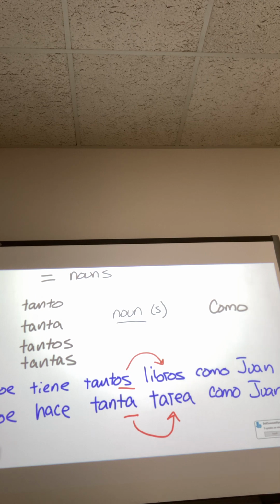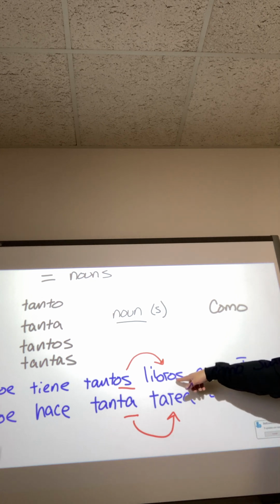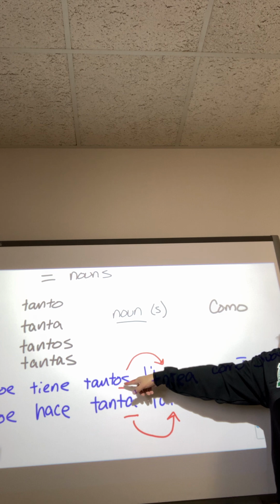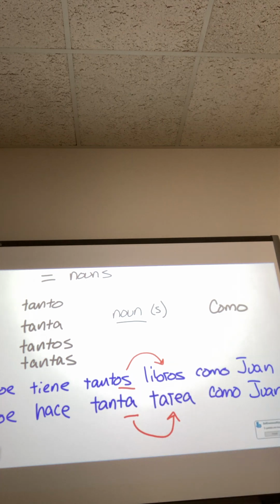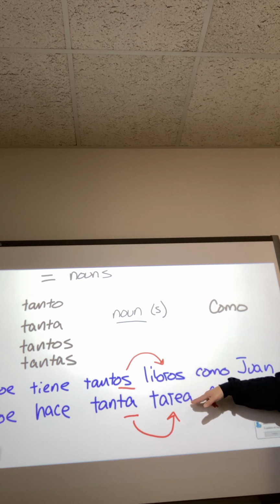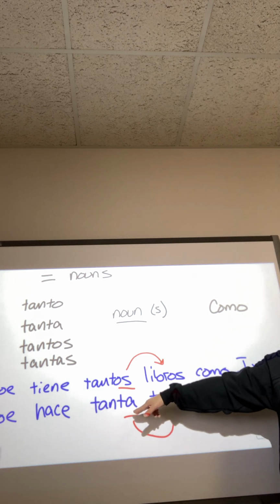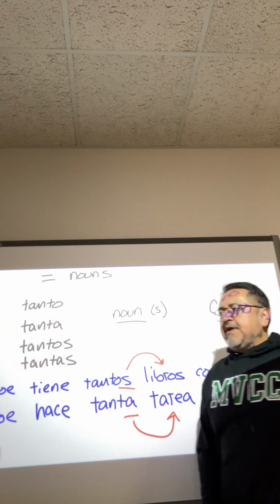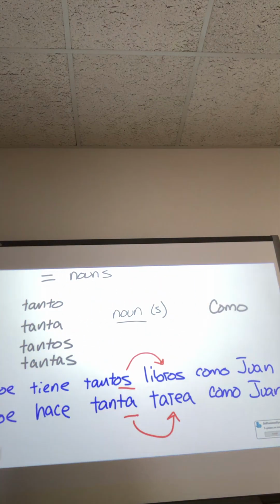Joe has just as many books as Juan. Because libros is masculine plural, we use the masculine plural. Joe hace tanta tarea como Juan. Joe does just as much homework as John. Because tarea is feminine singular, we use feminine singular to make that comparison.